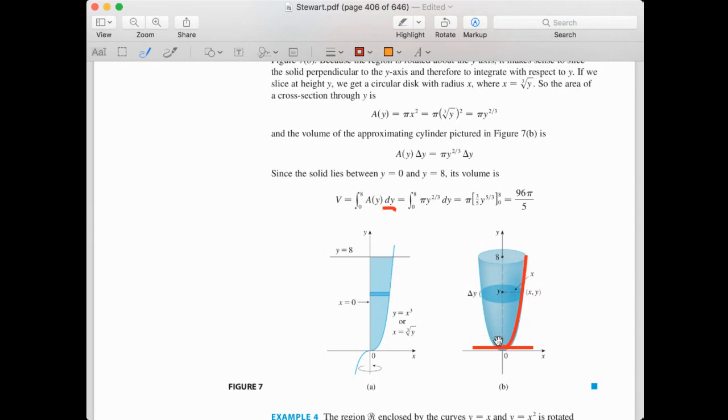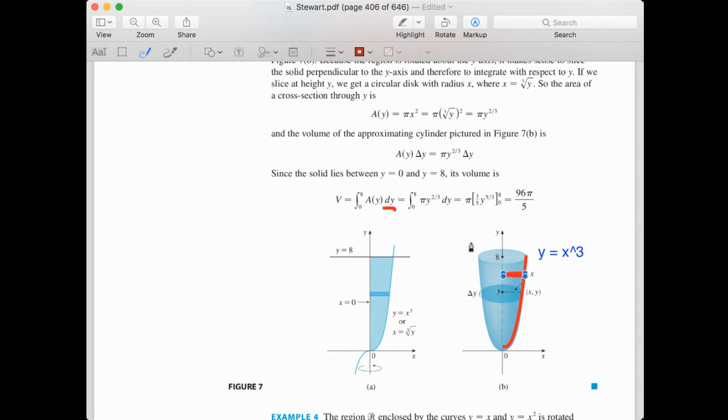What is this curve? This curve is y equals x cubed. But x is our radius, so we need to be able to write x.